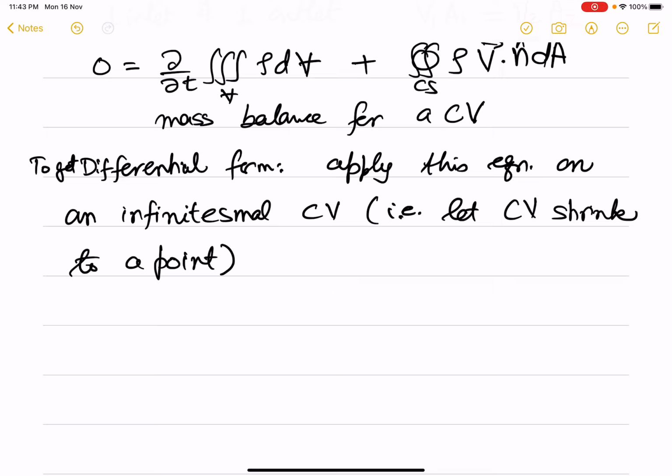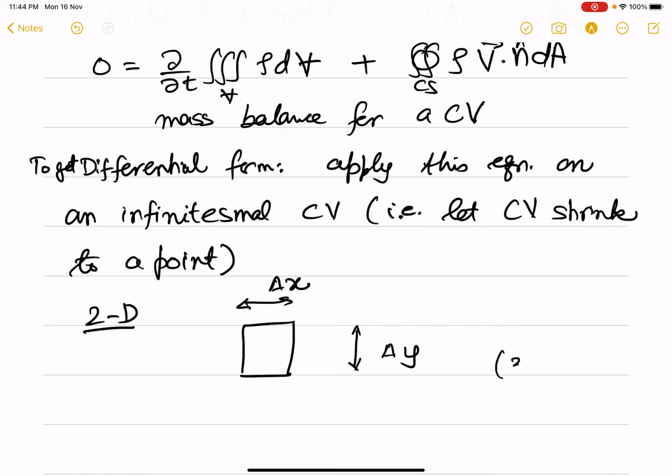So what we do is, let's consider this in 2D. The 3D extension can be very similar. So once again, because we have a differential control volume, we choose a rectangular control volume of delta x delta y, and in the z direction nothing changes, so we will say the dimension is equal to 1.